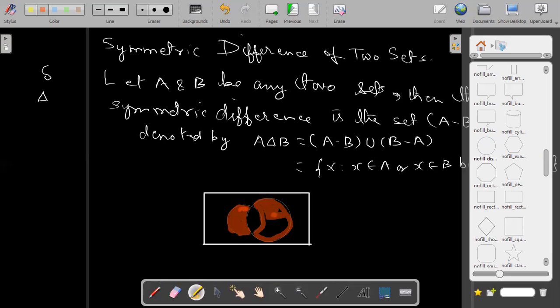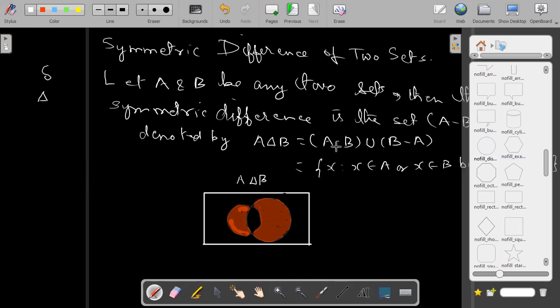Shading should not come outside. So like this shaded portion, we can present the symmetric difference of A and B. So A symmetric difference B is represented by this Venn diagram.